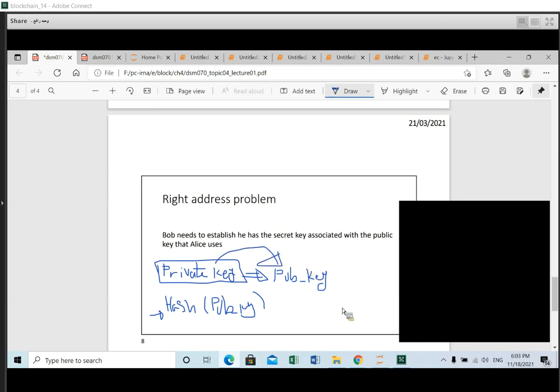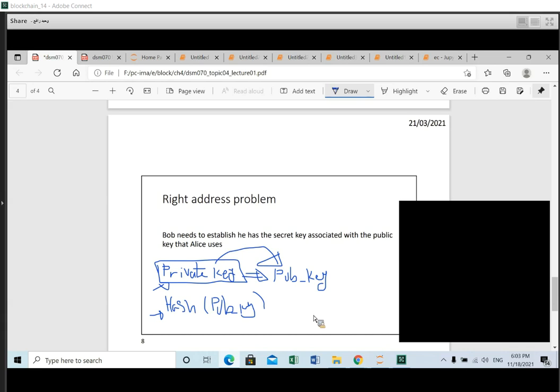So since Bob has a private key which generates the public key, the only person who can spend the money, who can receive the money, is Bob. Because the only person who can generate this information is Bob, because only Bob has this private key. Understand?